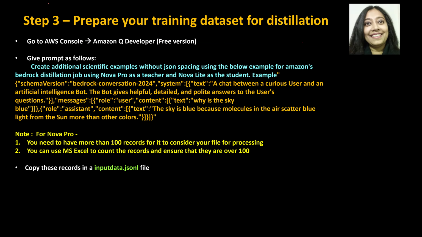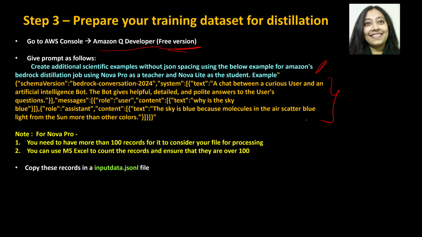Step 3. Now we are going to prepare our training data set for distillation. We will be using the free version of Amazon Q Developer. We will be giving this prompt along with our sample data. This is the same sample that we just copied from AWS documentation and removed all the spaces. And we will be telling Q to create additional prompt response pairs using this sample.